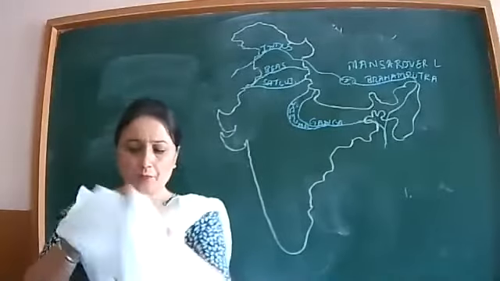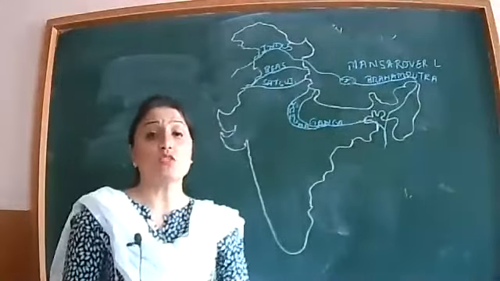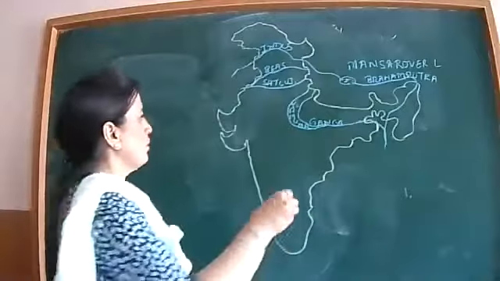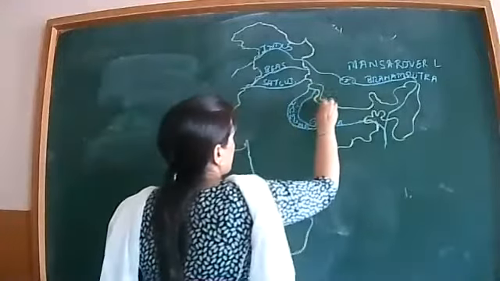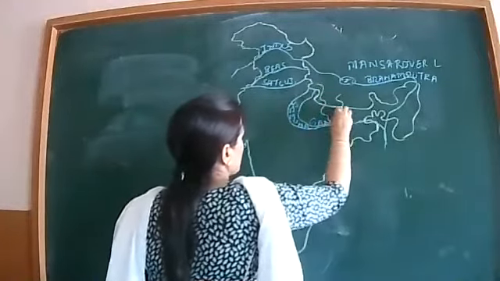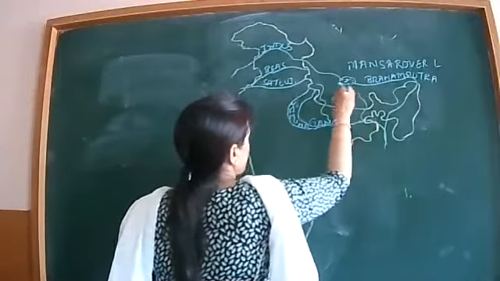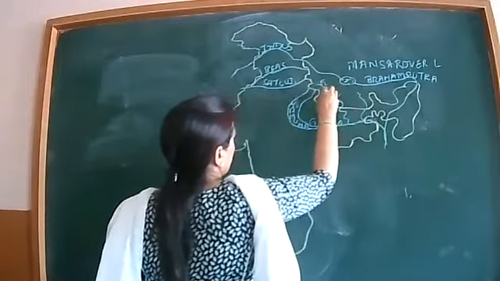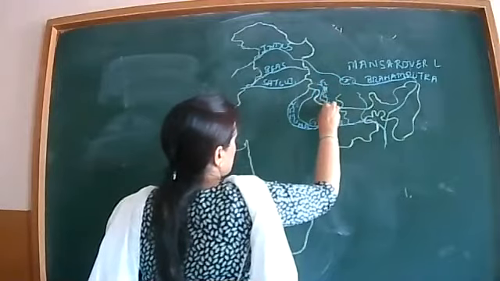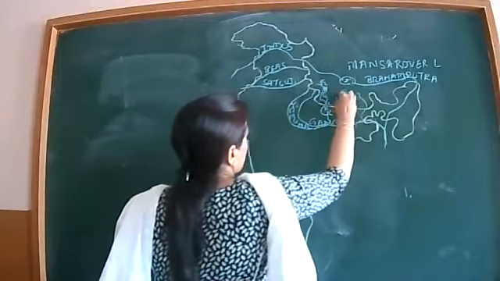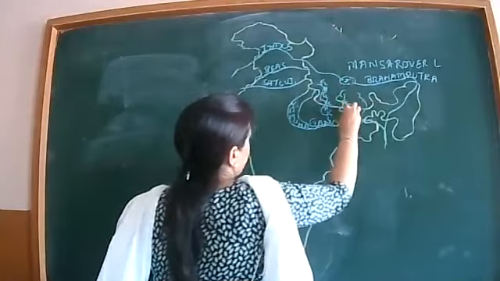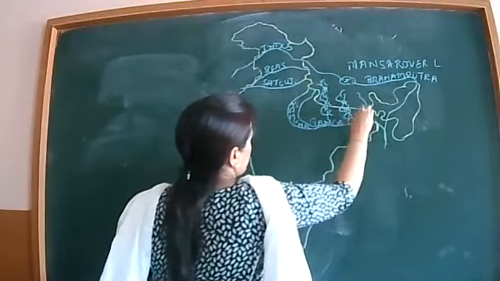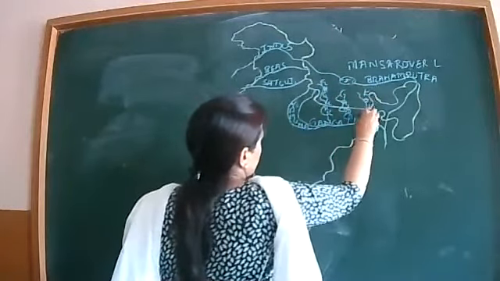First, I'll make those rivers which join Ganga from north. We have Ghaggar, Gandak, Kosi. This is Ghaggar. This is Gandak. This is Kosi.